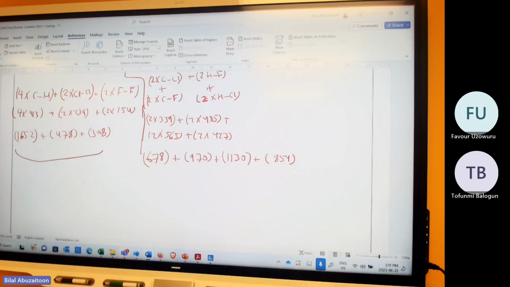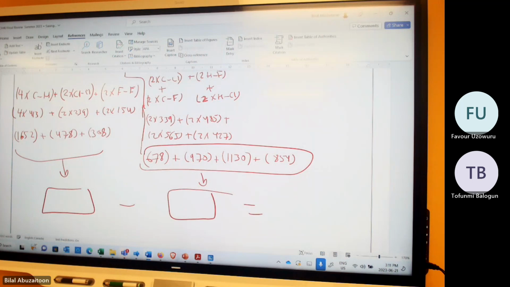Now all this minus all this equals delta H of the reaction. 1652 plus 478 plus 308 equals 2438.